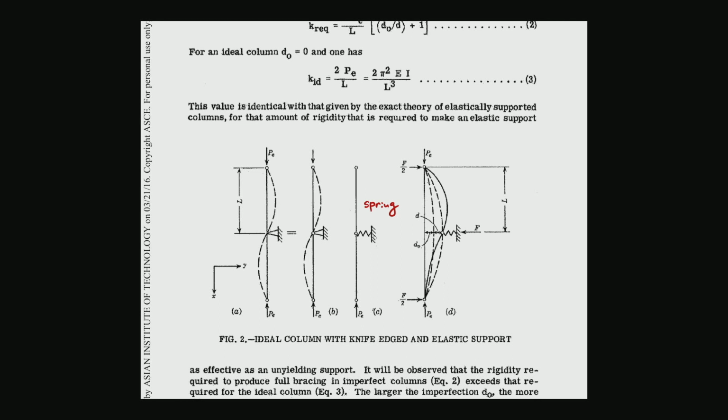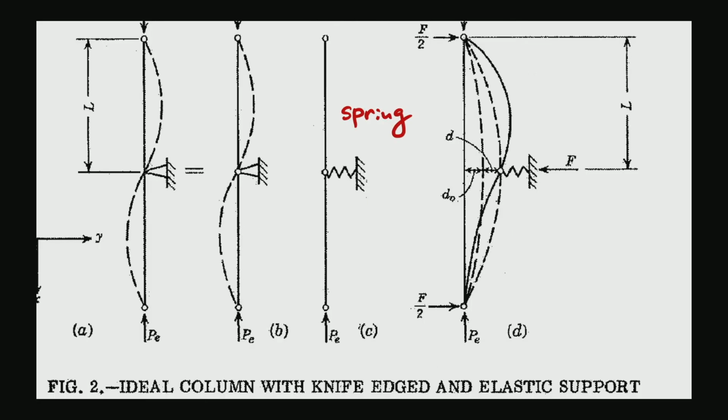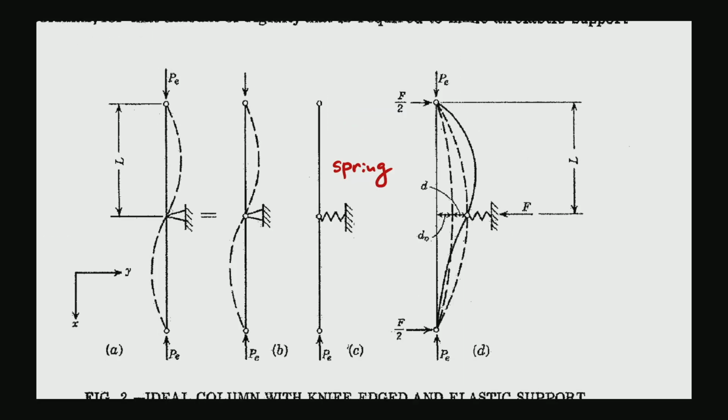I never tried this before, and it is another interesting issue to try. So make the column like this, discretize like this, maybe put some more nodes.